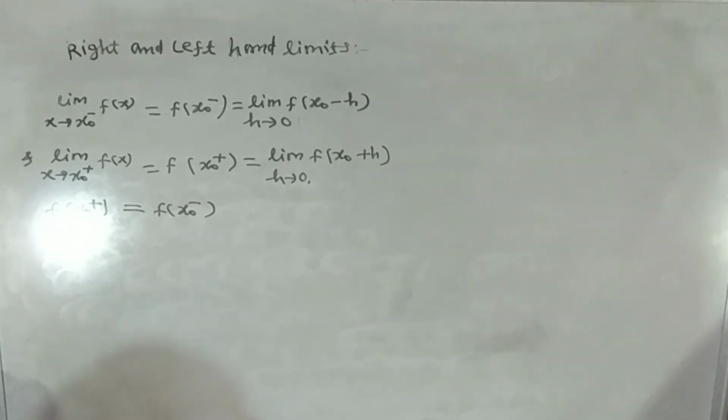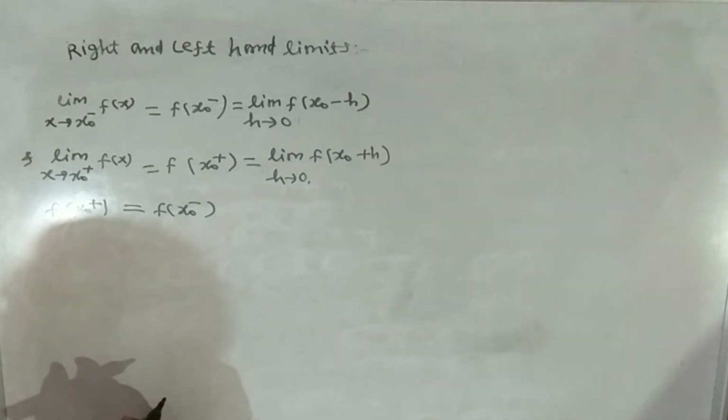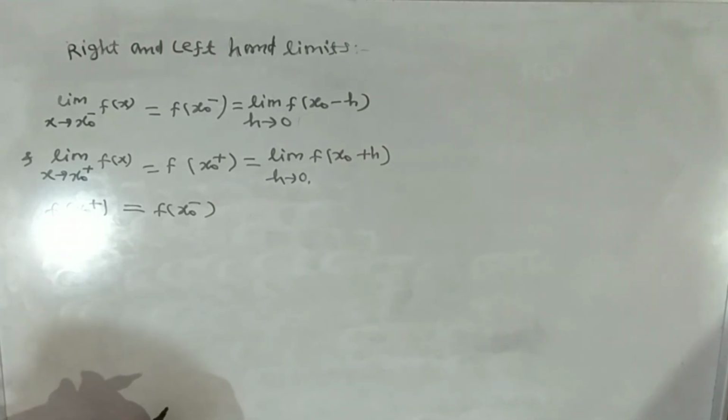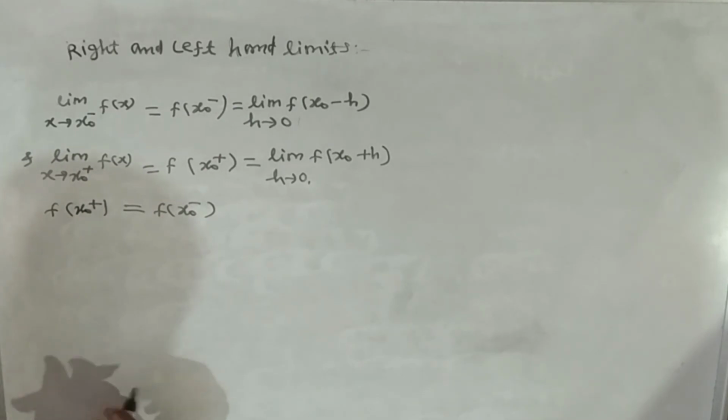Then the right hand limit and left hand limit exist. If either or both of these limits do not exist, the limit of a function f of x at x0 does not exist. And if both the limits exist but are unequal, then the limit of a function f of x at x0 does not exist. I will show some examples.